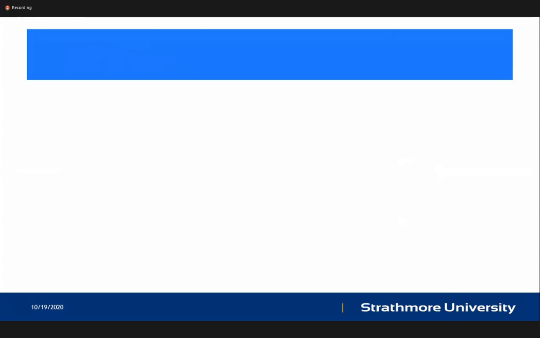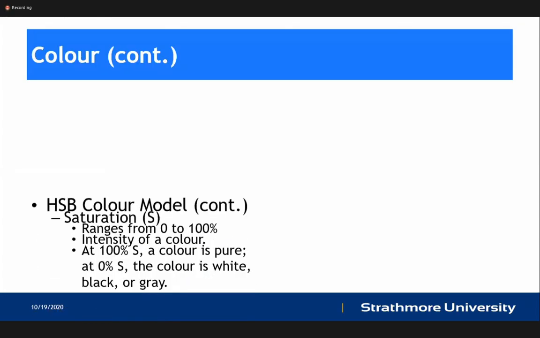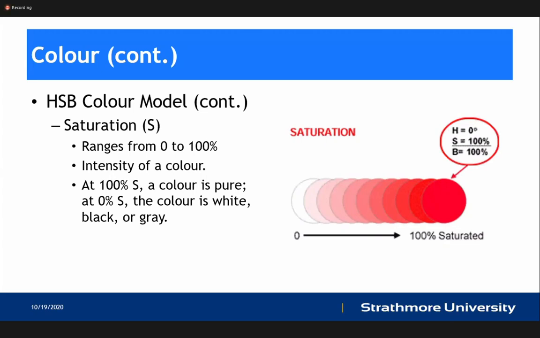In the next slide, we talk about saturation. A red color itself has its saturation ranging from 0 to 100%. When it's at 0, it's white. In layman's language, we will say red has faded, but it's all actually about its saturation. When saturation gets to 100%, you get a pure red.